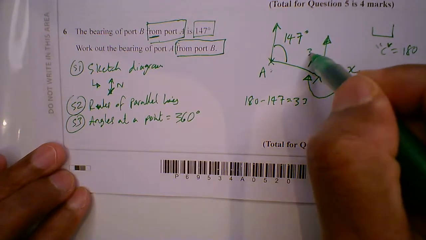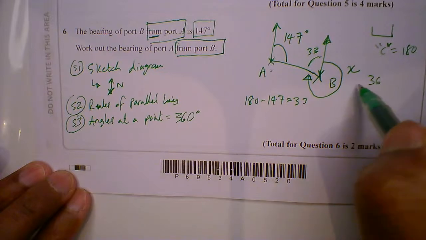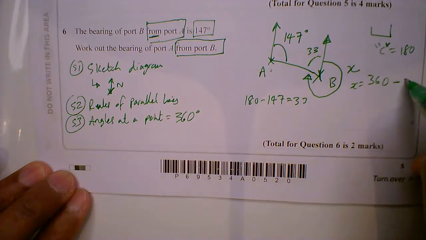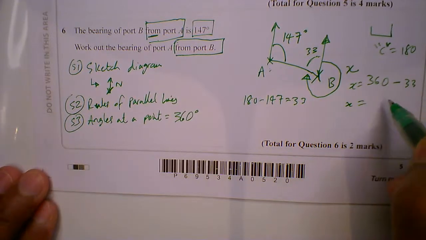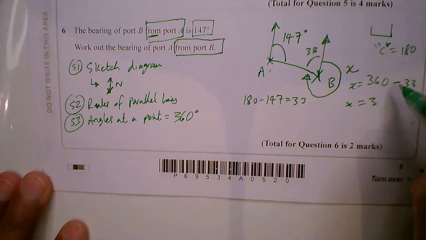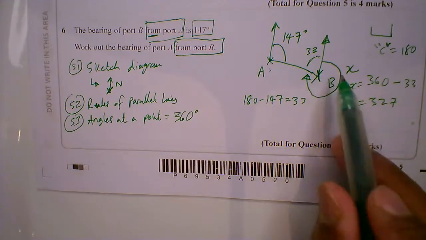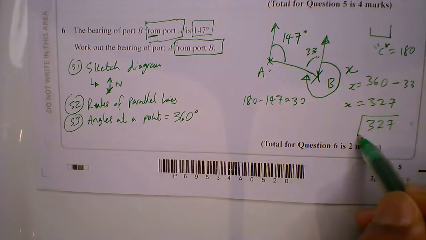So this is 33. Angles at a point make 360. So x equals 360 take away 33. That gives us 327. And bearings are from north, 3 digits. So that is my final answer, 327.